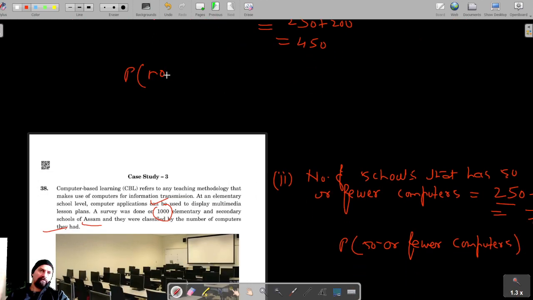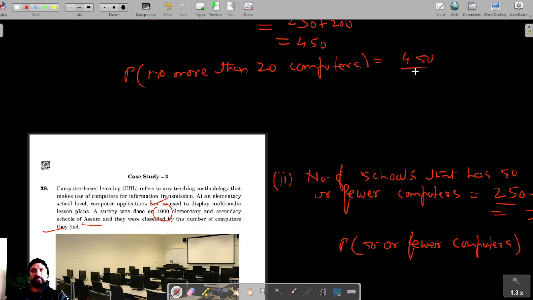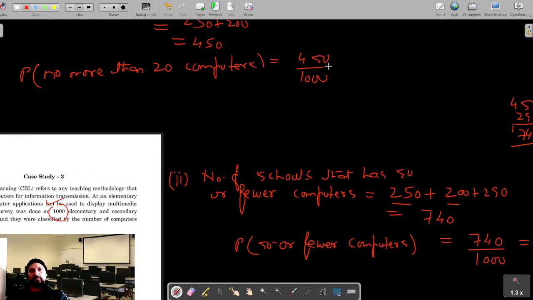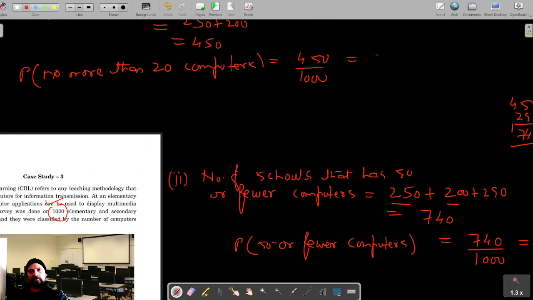And we have to find the probability of no more than 20 computers, which is 450, and total schools that were surveyed were 1,000. So this is 0.45.